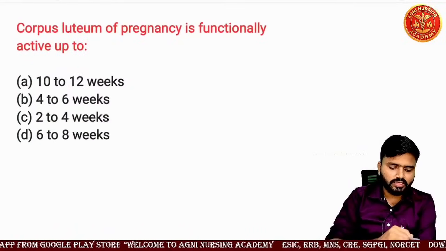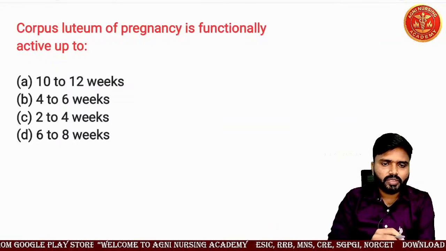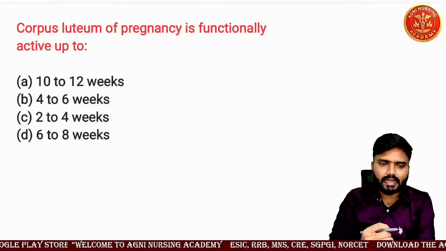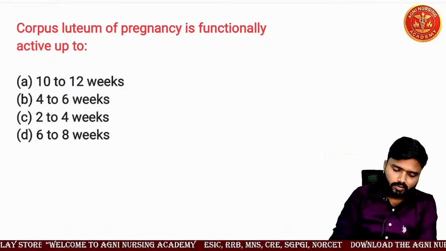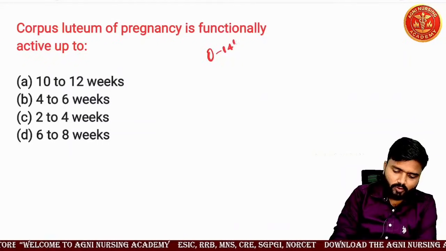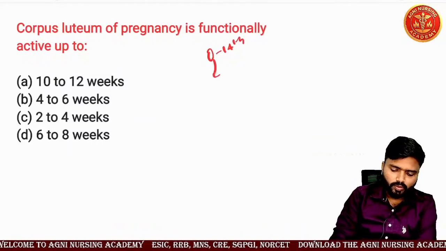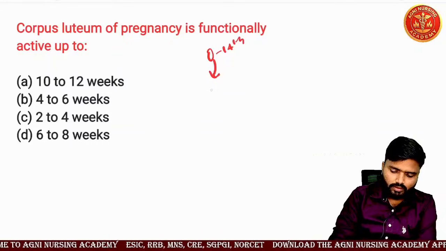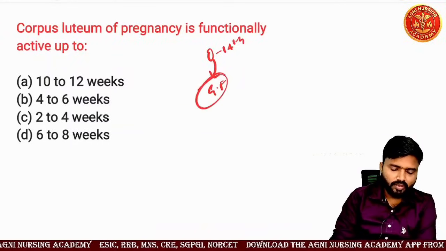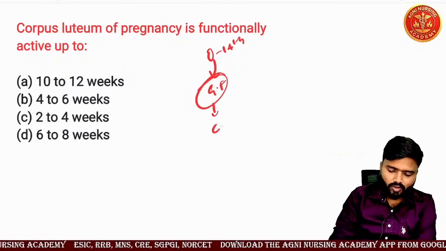We'll move on to the next question: the corpus luteum of pregnancy is functionally active up to? On the 14th day, ovulation will happen. Rupture of the Graafian follicle will produce the corpus luteum.